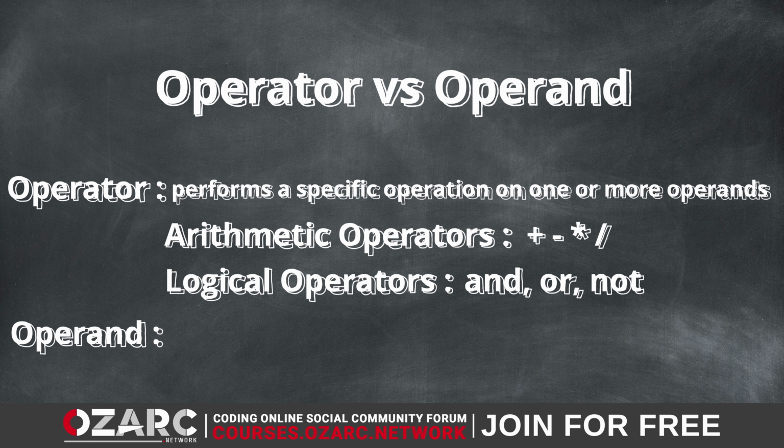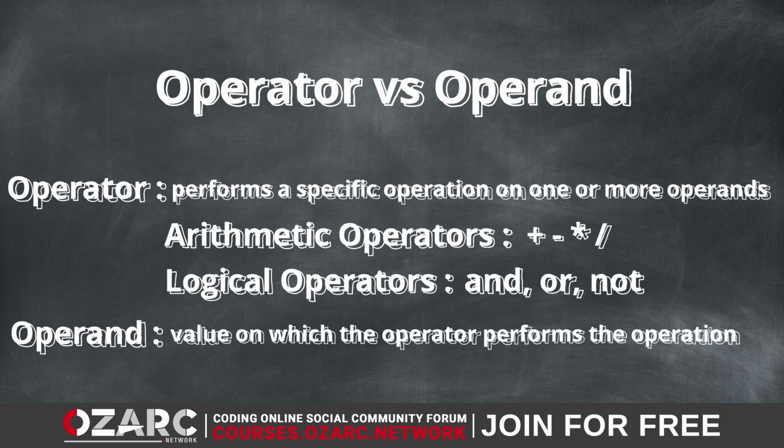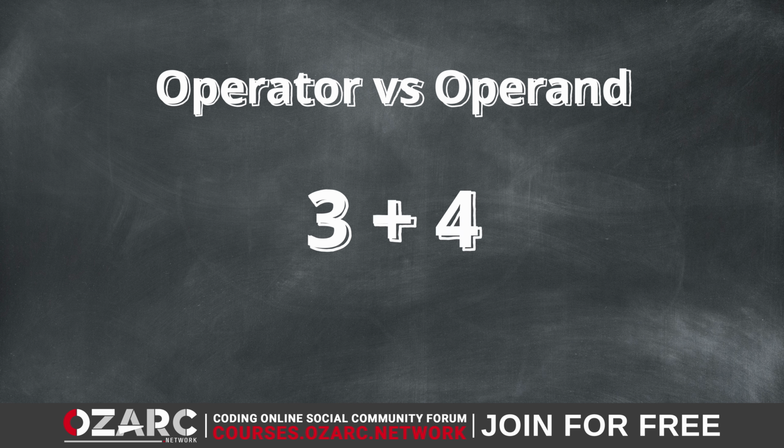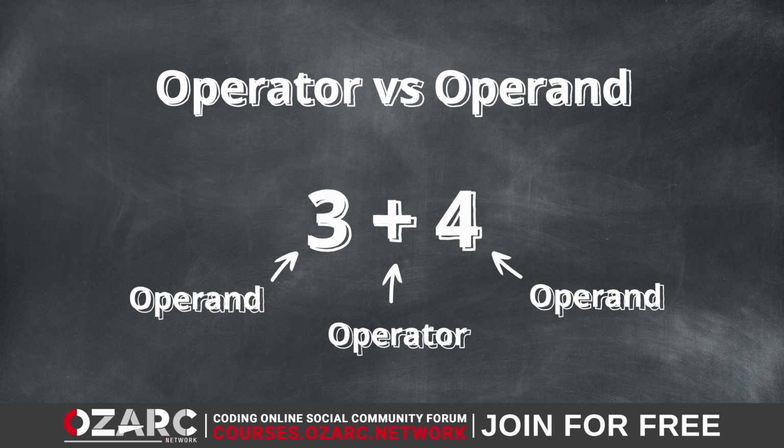An operand is a raw value or a variable that holds a value on which the operator performs the operation. For example, in the expression 3 plus 4, the values 3 and 4 are operands, while the plus is the operator. In other words, 3 and 4 are the operands or values being operated on by the operator.